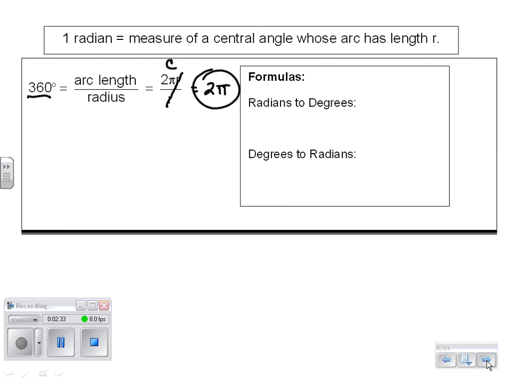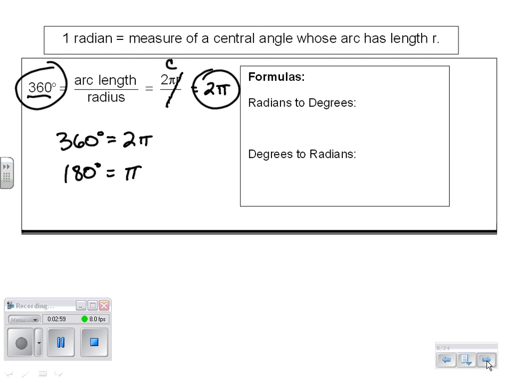So 2 pi and 360 degrees represent the same thing. They are equal. One is in degrees, one is in radians. So if all the way around the circle is 2 pi and also 360, then 1 pi is equal to 180 degrees.